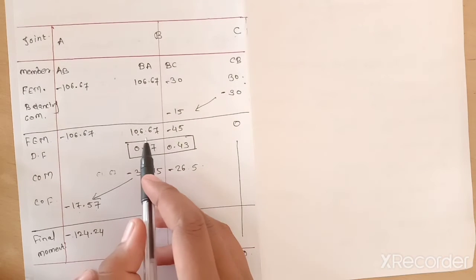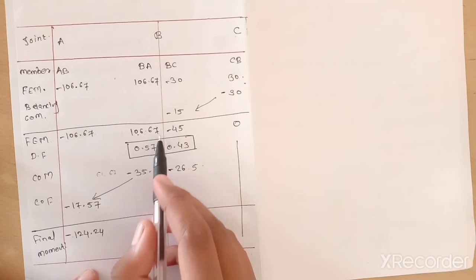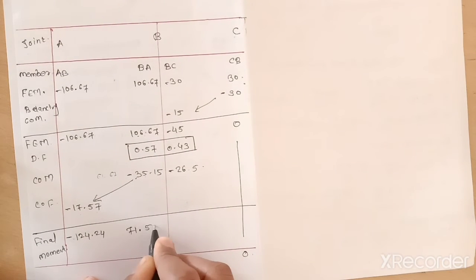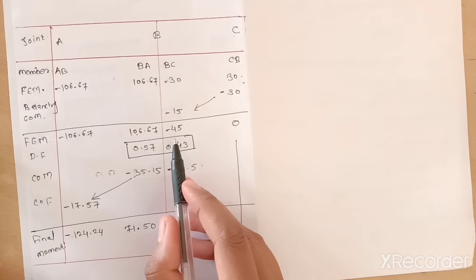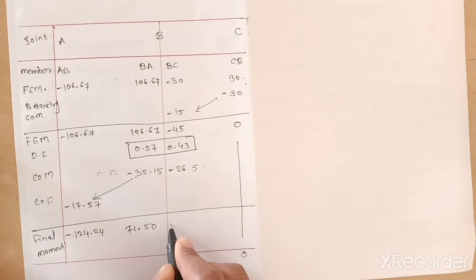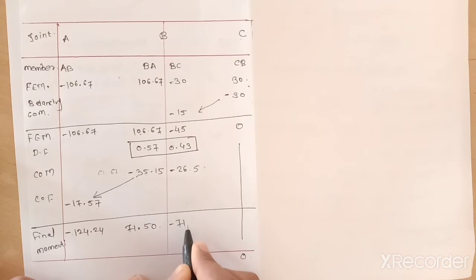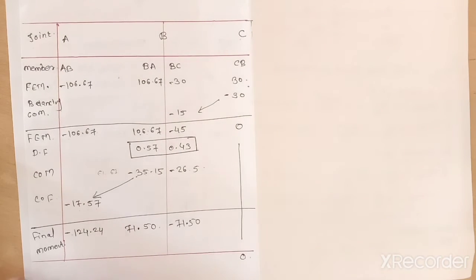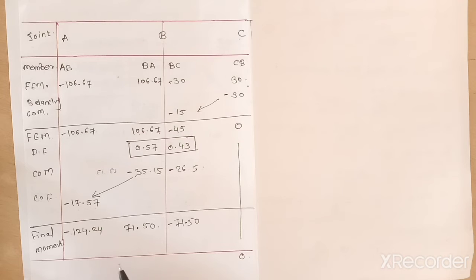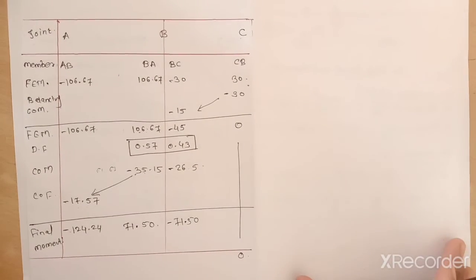Then next, this 106.67 minus 35.15 is nothing but 71.50. Then next, minus 45 minus 26.5 is nothing but minus 71.50, and C is 0. These two values will always be the same, one positive and second one negative. Okay, so here our movement distribution step is completed.